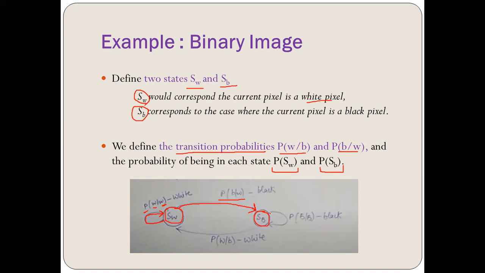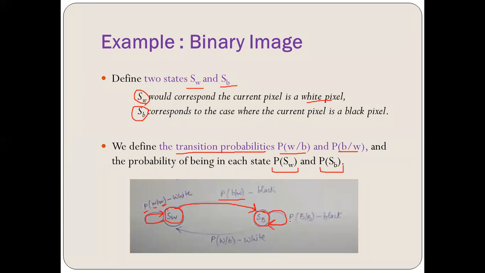Next, again an arrow will be shown. After black, there are again two possibilities. The first possibility is that after black, black can come again. So from black to black, this is the arrow.